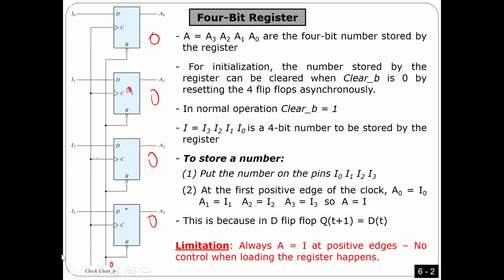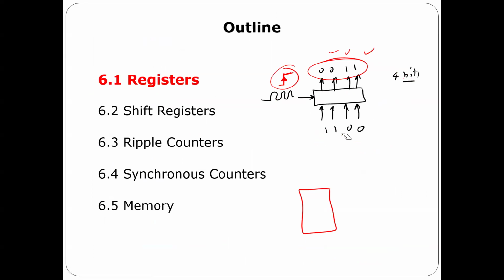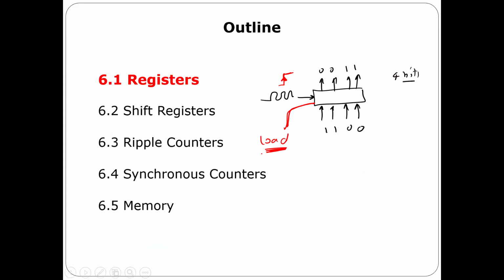Okay. Now, I'm going to make a little modification on this register to add 1 more functionality. What I want to do here, guys, is add 1 more input. I'm going to call it load. This is like enable or disable.